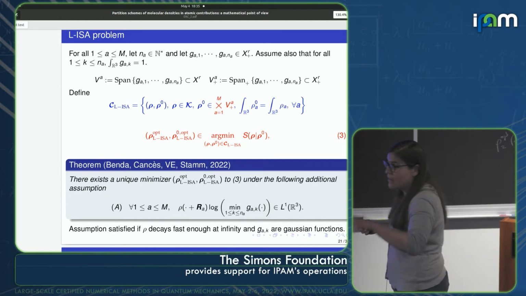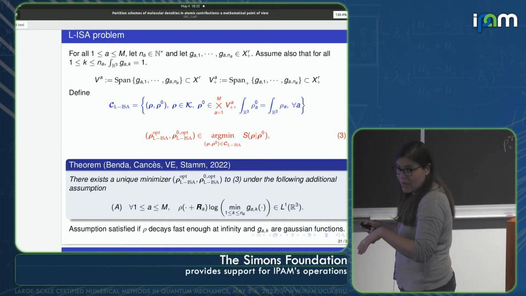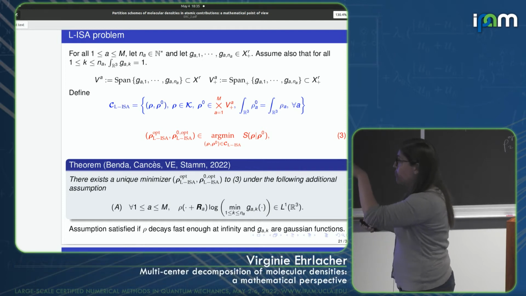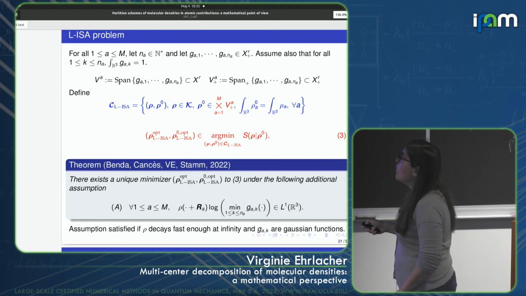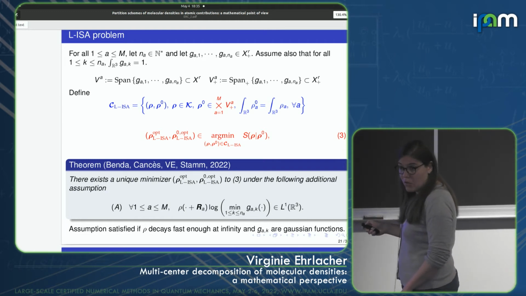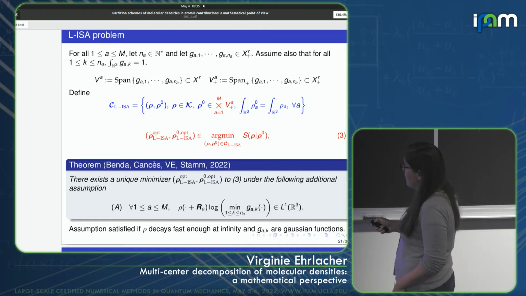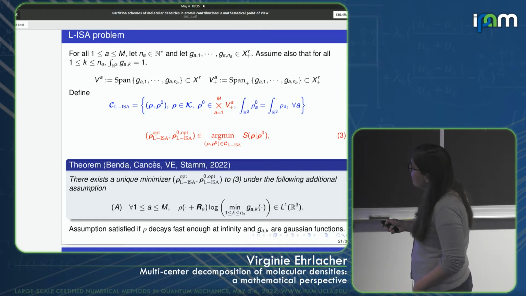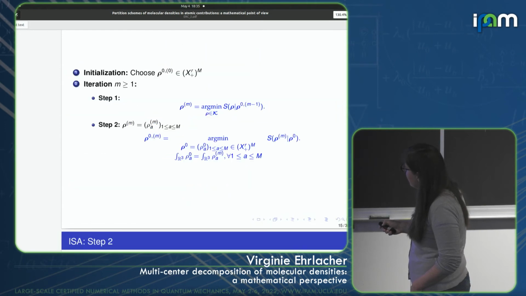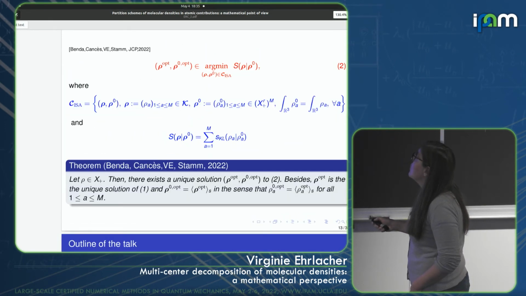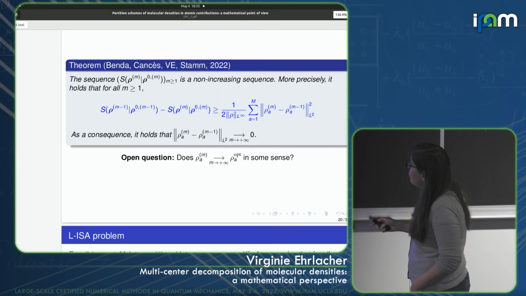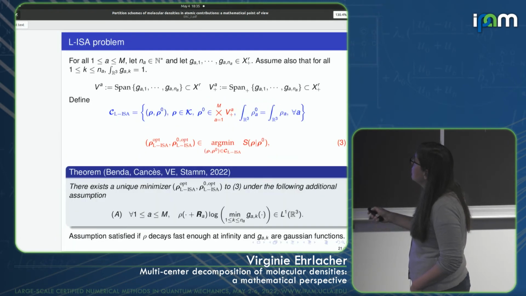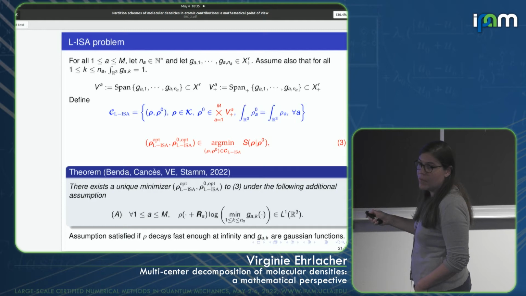So rho, remember, is a set of local atomic densities, not necessarily radially symmetric, and rho 0 a set of radially symmetric local atomic densities, such that rho is an admissible IAM decomposition of my molecular electronic density, and rho 0 here, instead of being a set of any non-negative radially symmetric functions, I assume them to belong to the Cartesian product of this cone V_A plus.